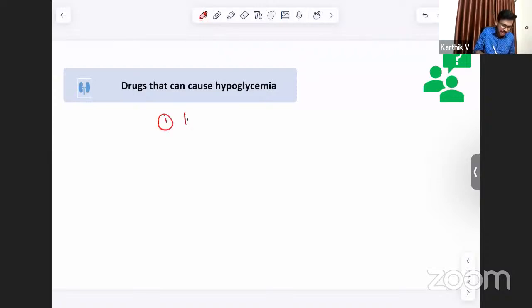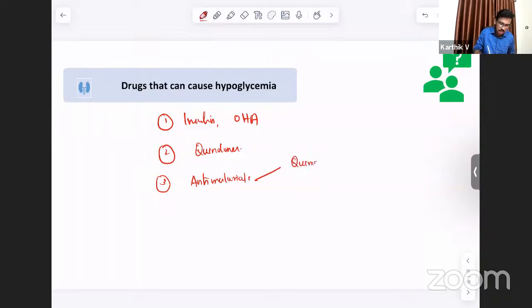But there are certain drugs like insulin and OHAs that are strongly associated with hypoglycemia, which could be given as part of treatment, or it could be the surreptitious use by the patient that could result in hypoglycemia. Then certain other drugs like the quinolones, especially gatifloxacin, levofloxacin, etc. Then anti-malarials, the quinidine, artesunate.